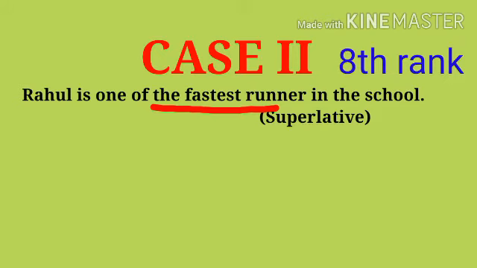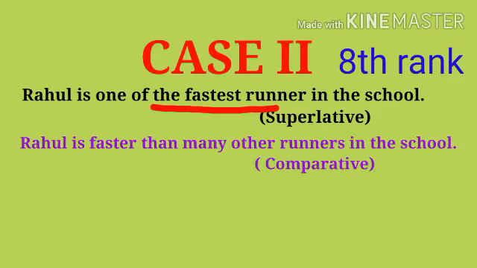Rahul is faster than many other runners in the school. Rest all is just the same. If it was first rank, it would have been any other. But since he is one among the many runners, it has become many other.